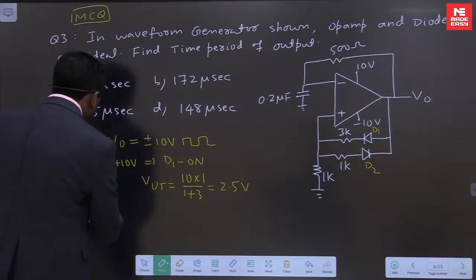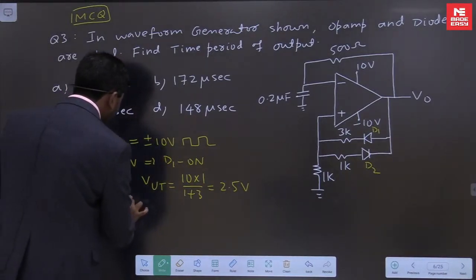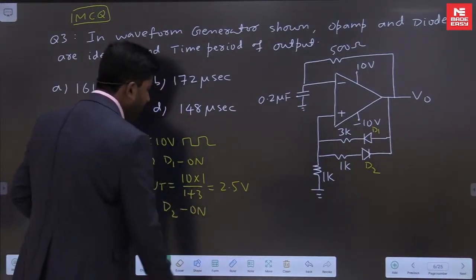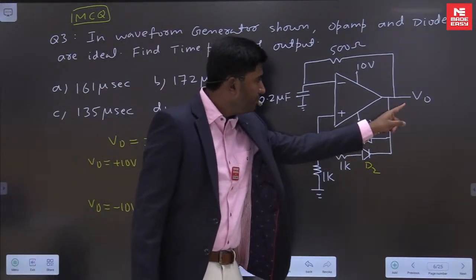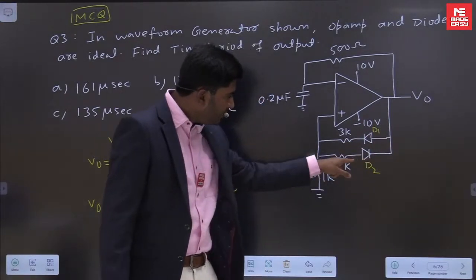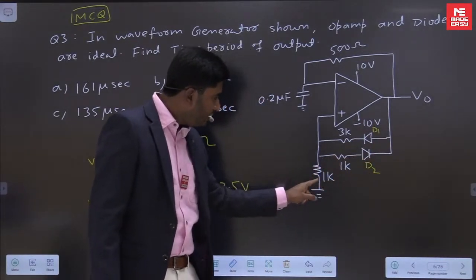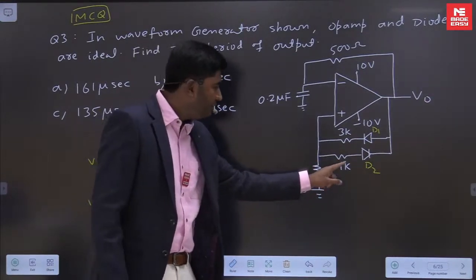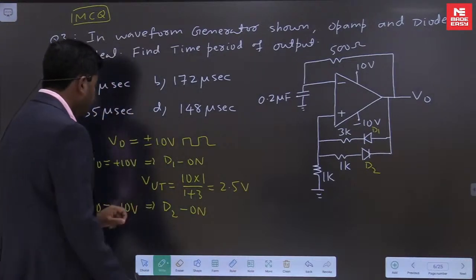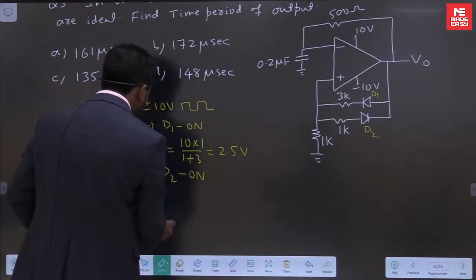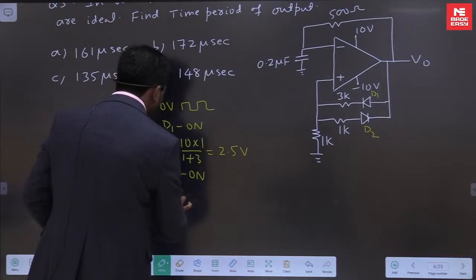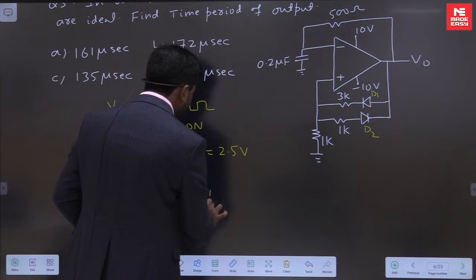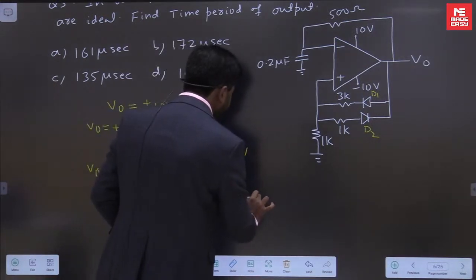And when output equals minus 10, that lower diode D2 becomes on. When D2 is on, 1K and 1K form a voltage divider, and the output voltage divides between them. So the lower threshold VLT equals minus 10 into 1 by 1 plus 1, which is minus 5 volt.